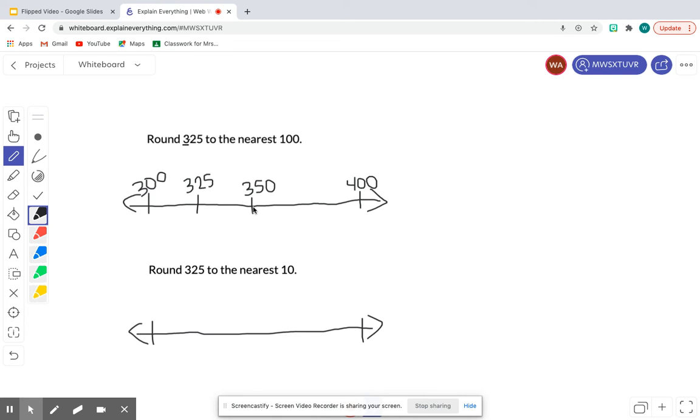So because it's less than the halfway point or midpoint of 350, 325 is going to be closer to 300. So therefore, it will round down. So 325 rounded to the nearest 100 would be 300.